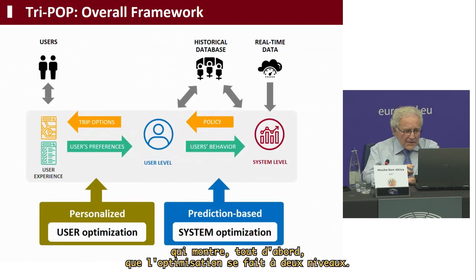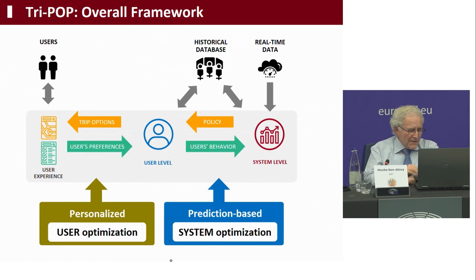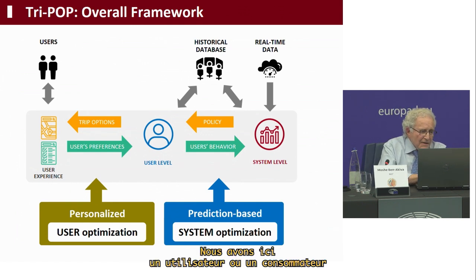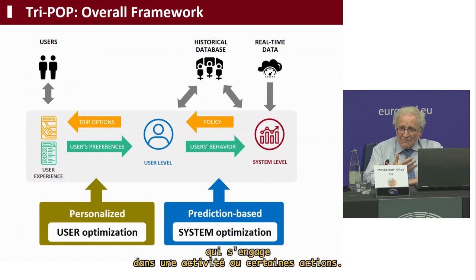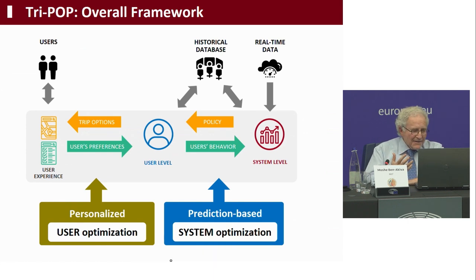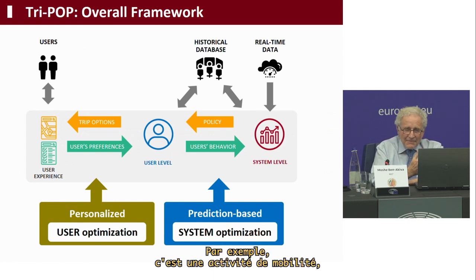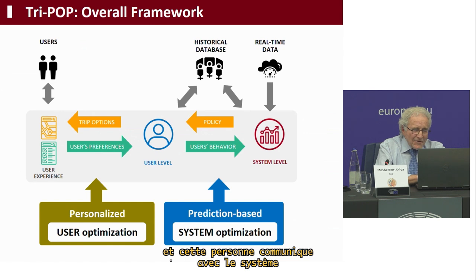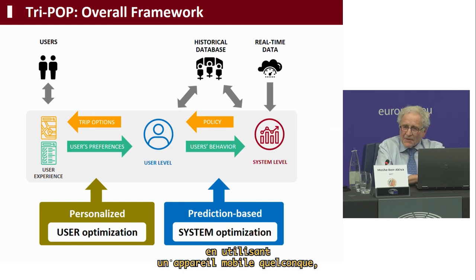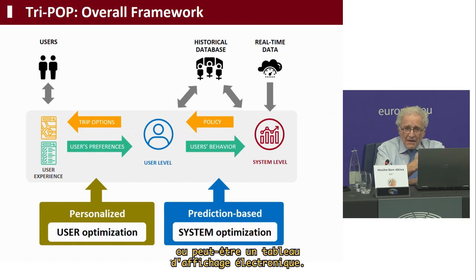It shows, first of all, that the optimization is done at two levels. So we have here a user or a consumer who is engaged in some activity or some purchase or a mobility activity, for example, and this person communicates with the system using a mobile device of some sort, or maybe an electronic display board.